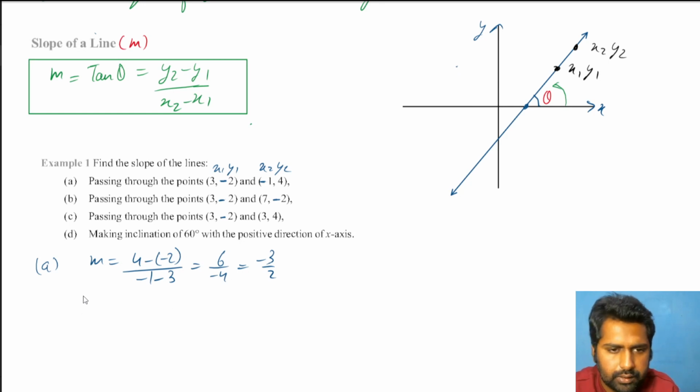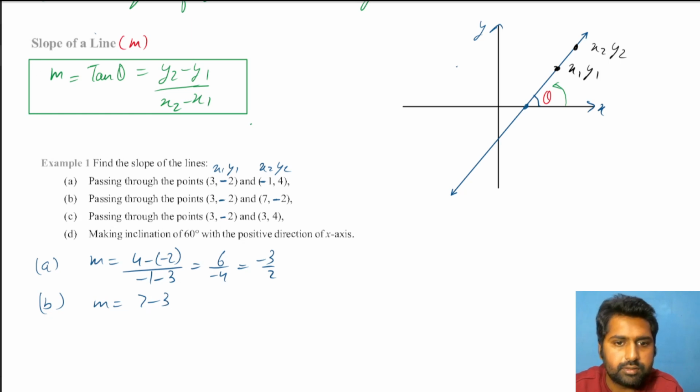Second thing, m is the same thing, y2 minus y1, the y coordinate first. So minus 2 minus of minus 2 upon 7 minus 3. That is y2 minus y1 upon x2 minus x1.